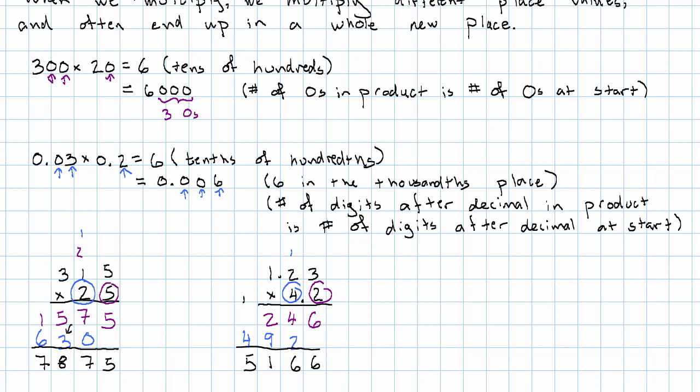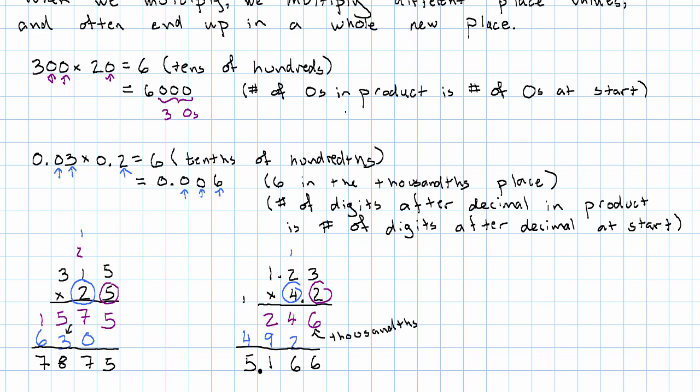Well, when we were finding out about the 6, we took tenths times hundredths. This 6 had better be in the thousandths place. This doesn't happen automatically like it did with the whole numbers. But if we put our decimal point here, we can make that happen.